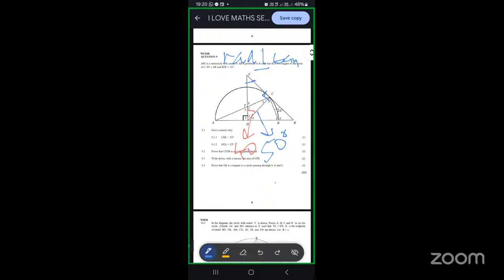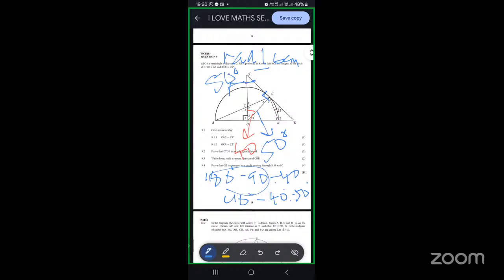Angle S is equal to 180 degrees minus 90 minus 40, which gives 90 degrees minus 40, and this gives me 50 degrees.